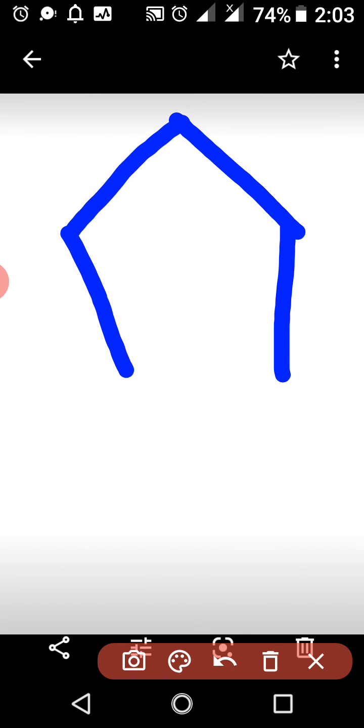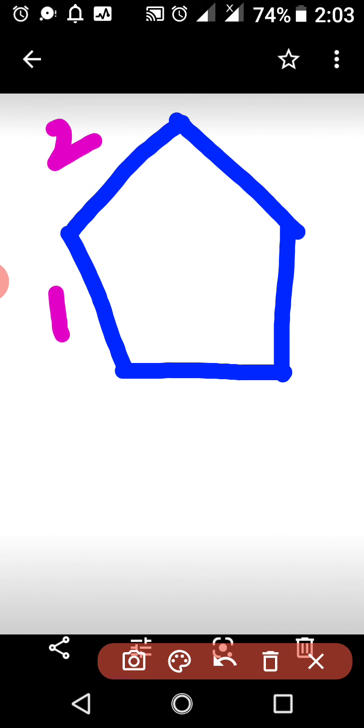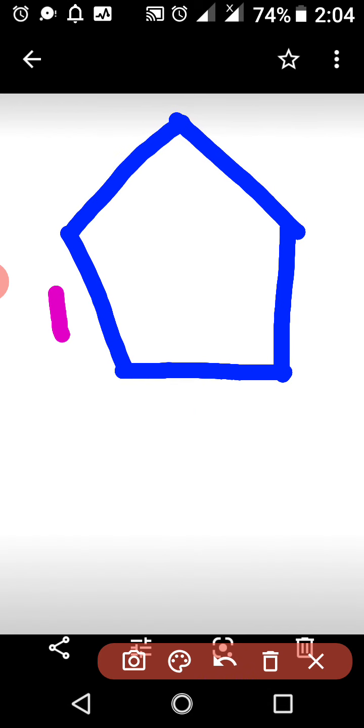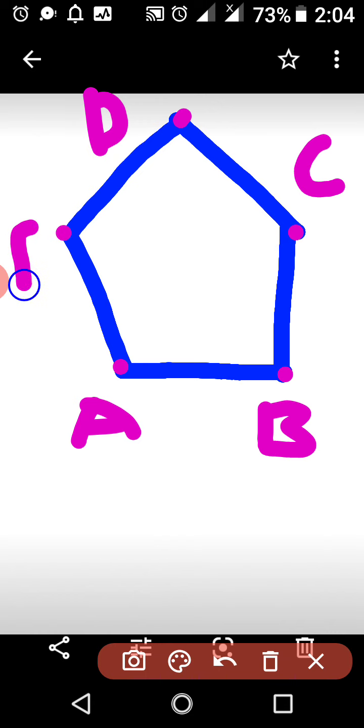How many sides does it have? Count it: 1, 2, 3, 4 and 5. A polygon which has 5 sides is known as a pentagon. Now for these 5 sides, how do we draw the diagonals? I am taking the vertices A, B, C, D and E. Now you can join any two opposite vertices.